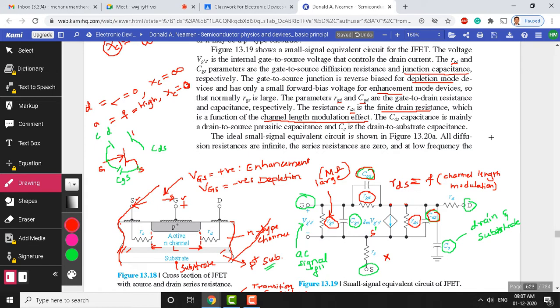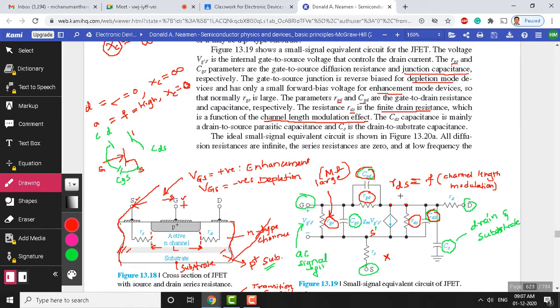Since it takes a lot of time to make you understand channel length modulation, in a nutshell, the channel length varies depending on the voltage we apply between drain and source. That is called channel length modulation. So the channel length is varied in accordance with the drain source voltage. Therefore, the resistance RDS will also become a function of this effect. That is what is told here.